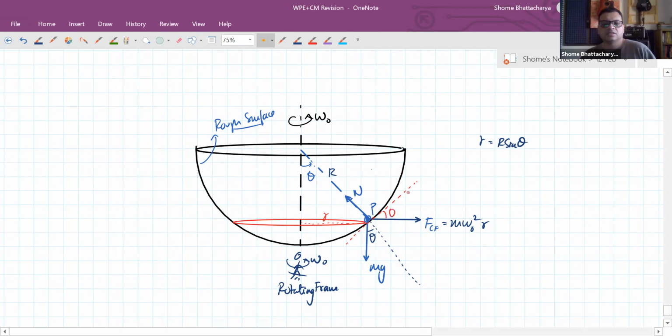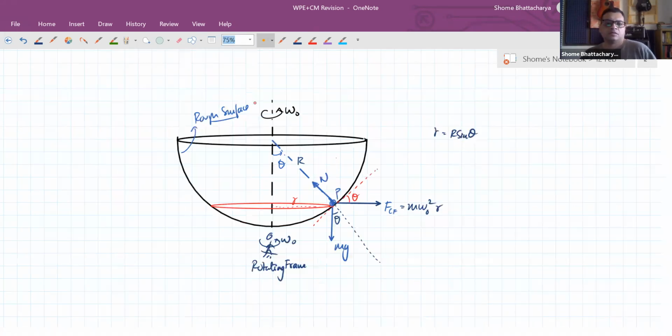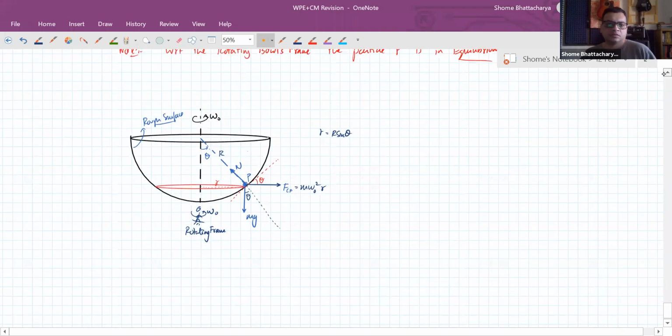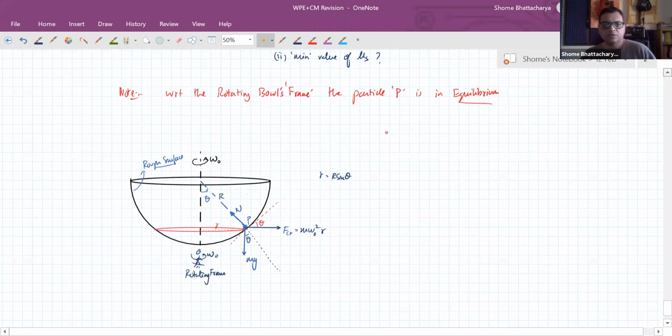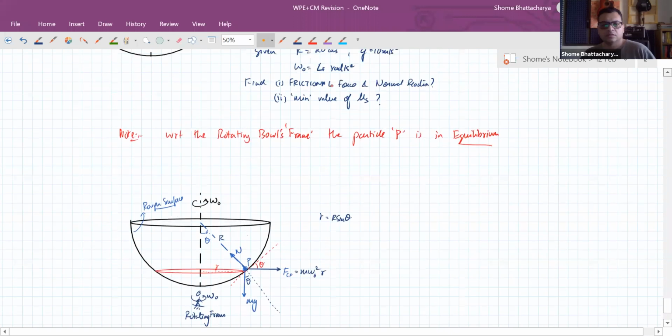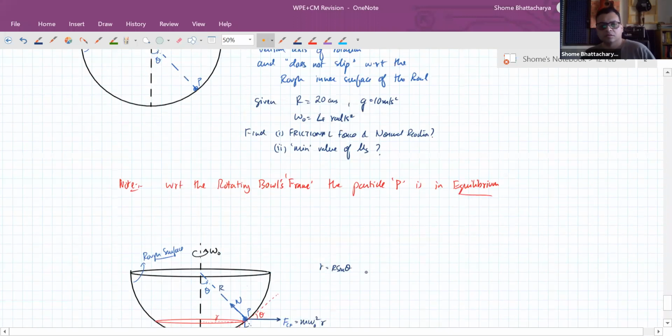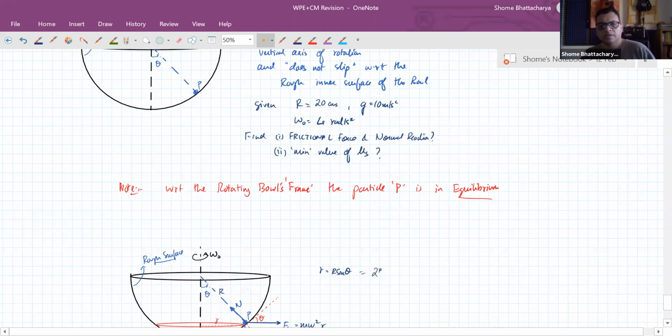So now, according to the values given, this is becoming 20 centimeters into sine 53, so 16 centimeters or 0.16 meters.